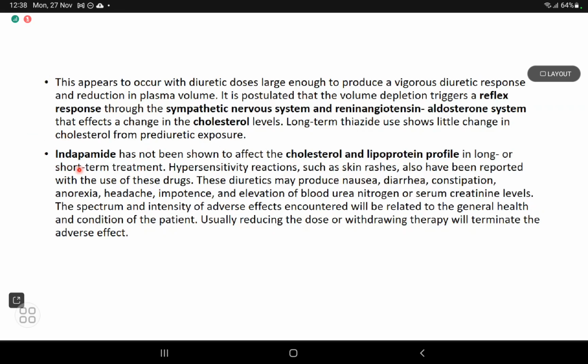Even though indapamide does not affect the cholesterol, it will cause another side effect, which is hypersensitivity reactions, skin rashes. If it were me, I would not prescribe this drug. If you need to compromise, which one is more important? Hypersensitivity reaction is more important than cholesterol level.